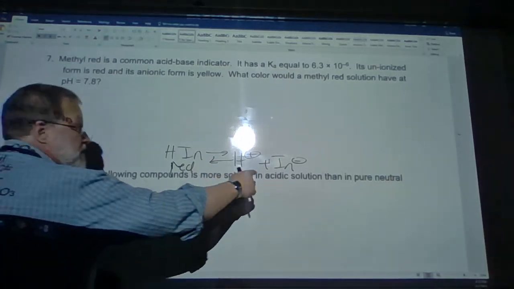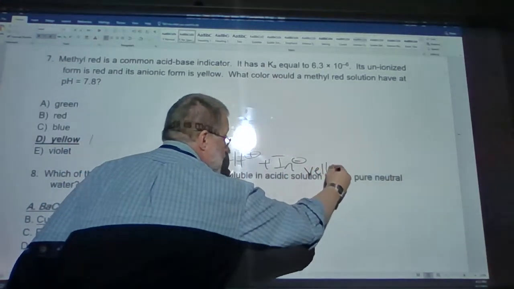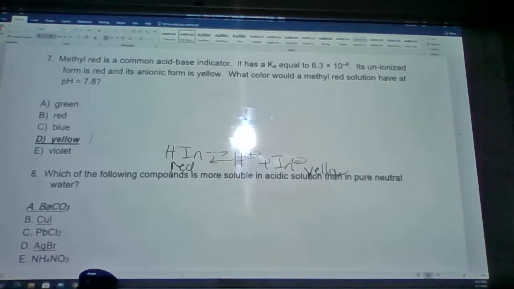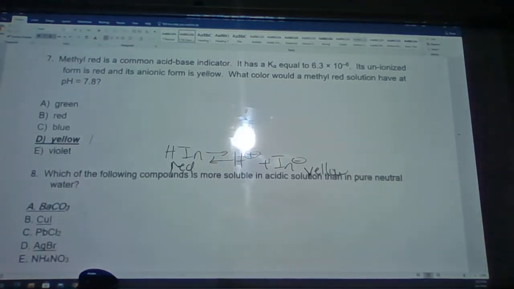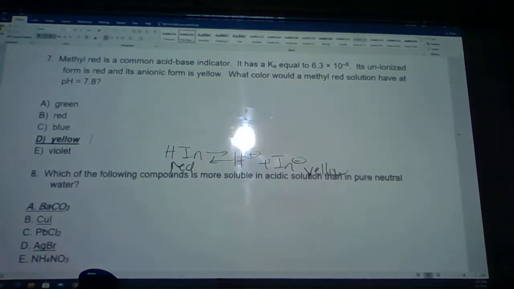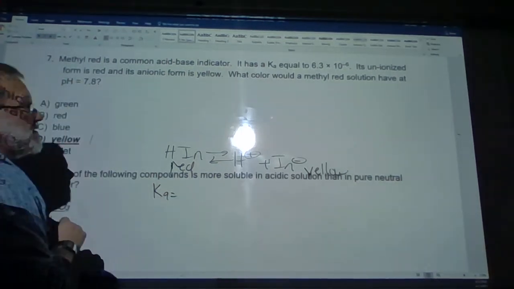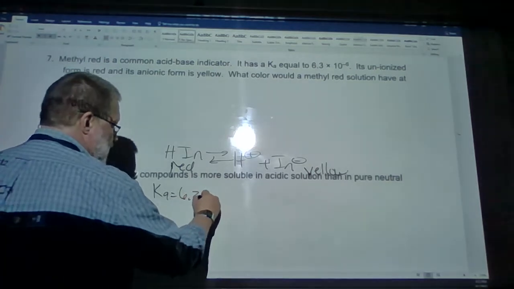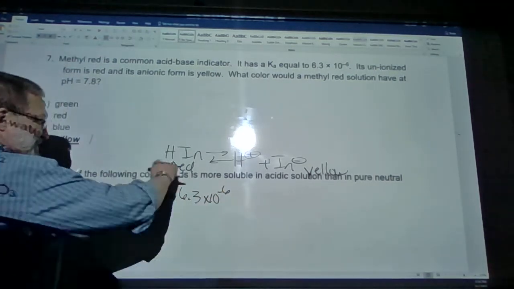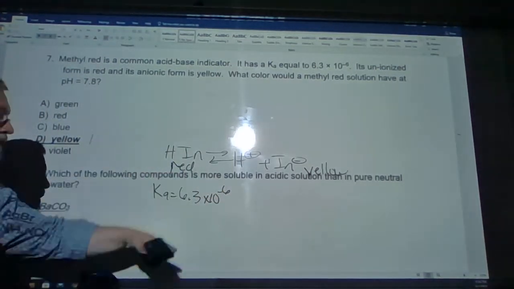In the ionized form, the indicator is a yellow color. Ka for this is 6.3 times 10 to the minus 6. This is the acid strength of this indicator.